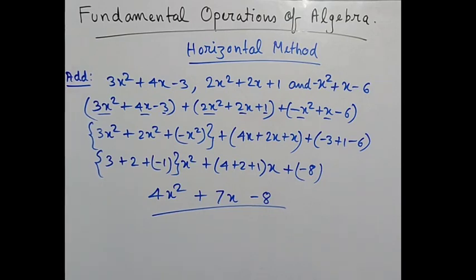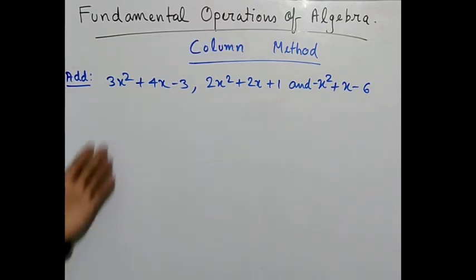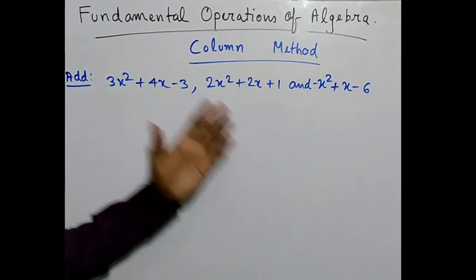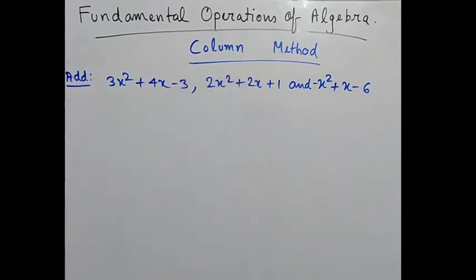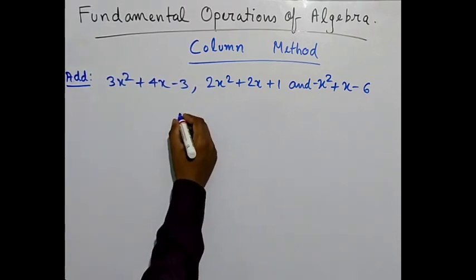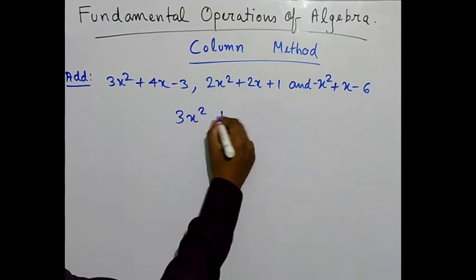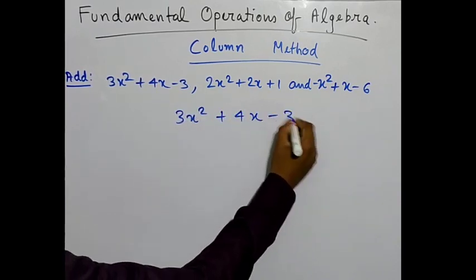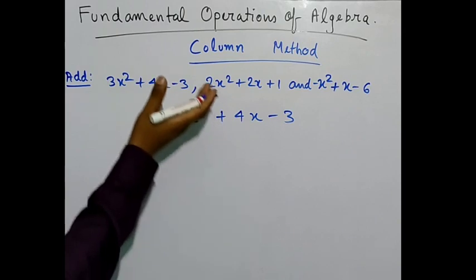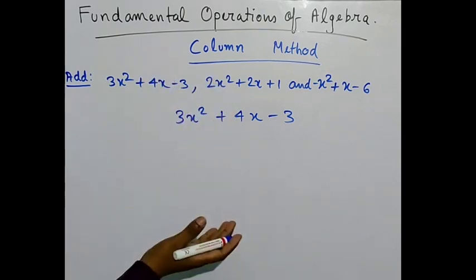This is clear to you? Now let's add the same algebraic expressions using the column method. Now in the column method, we arrange them in columns. So 3x square plus 4x minus 3. Here we will write them just one below the other.